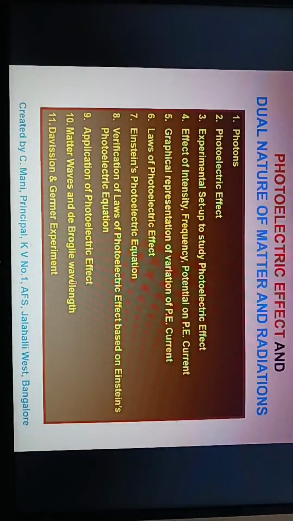If suitable frequency is not there, it will not emit. So when light of suitable frequency falls onto a metal plate, electrons come out of the metal plate. Photoelectric emission is the process in which light or photons of suitable frequency fall on the metal plate.